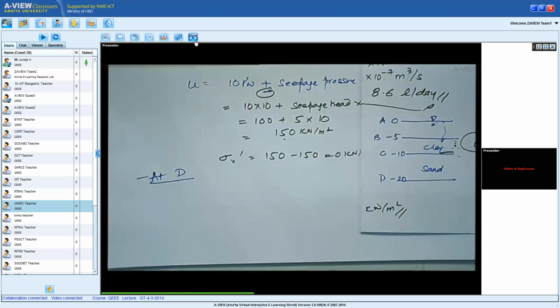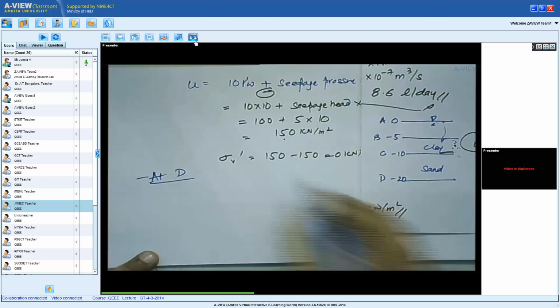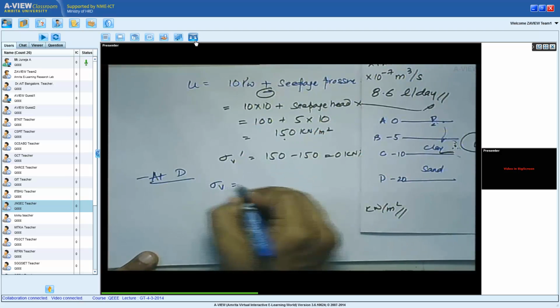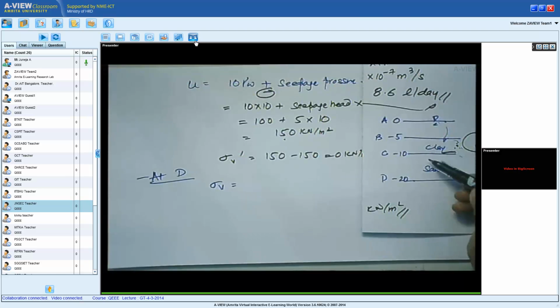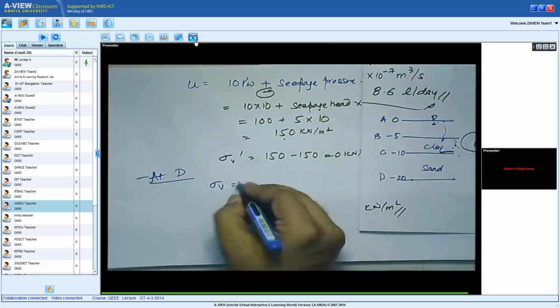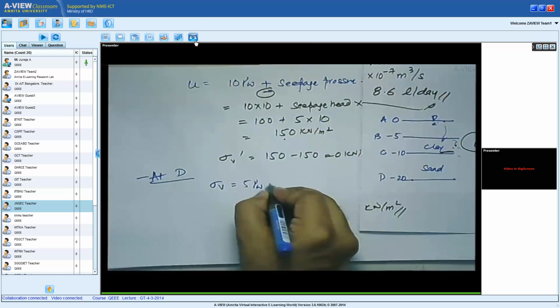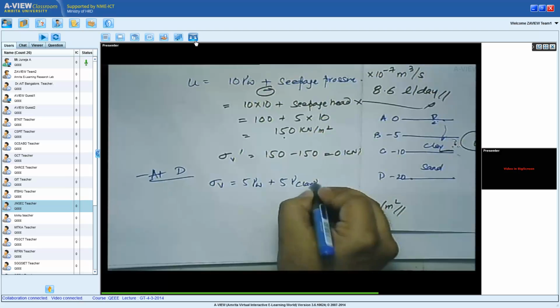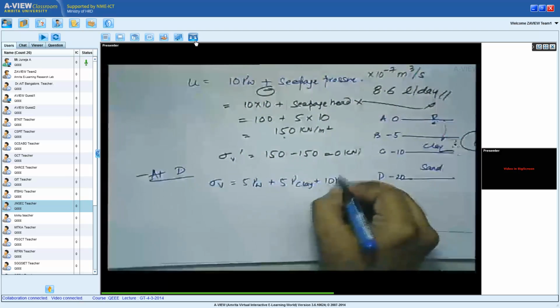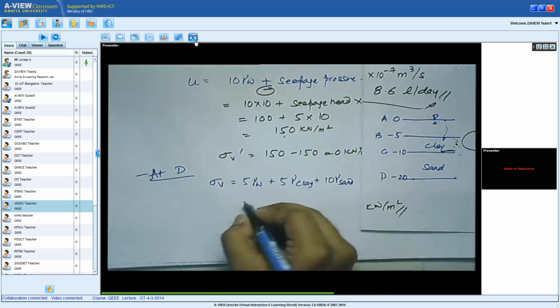In D, I have sigma V, which is the total vertical stress at D, this level, equals the weight of everything. 5 meters of water, 5 meters of this clay, 10 meters of this sand. So can I say 5 meters of water plus 5 meters of clay plus 10 meters of sand.